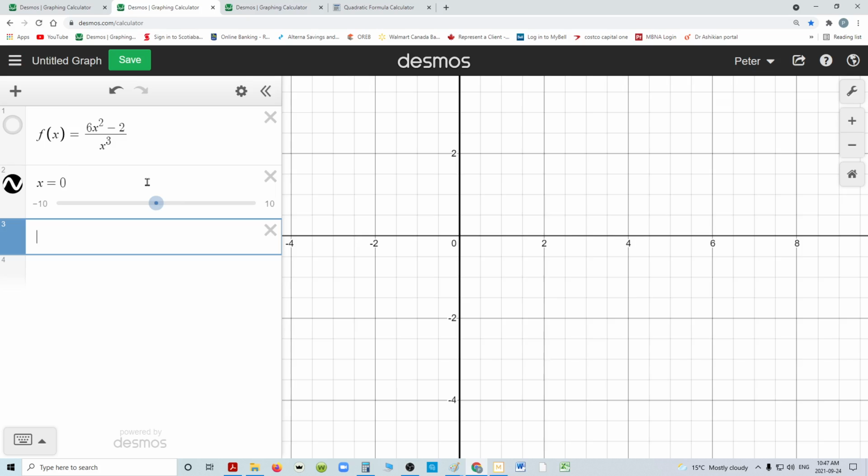And I'm going to make that red. And I'm going to put in, what's my horizontal asymptote? So the top value is lower than the bottom value, so it's equal to 0. So there's a horizontal asymptote there.